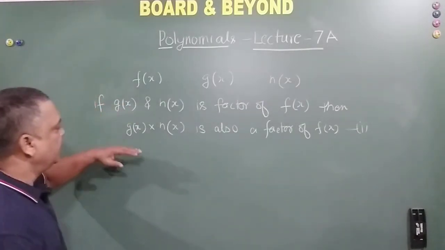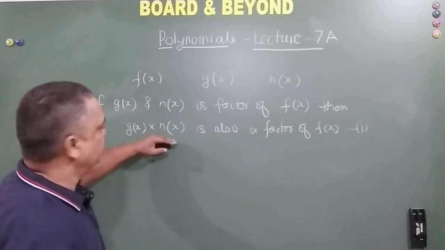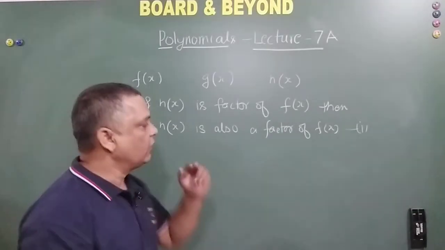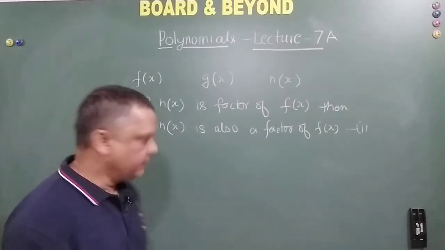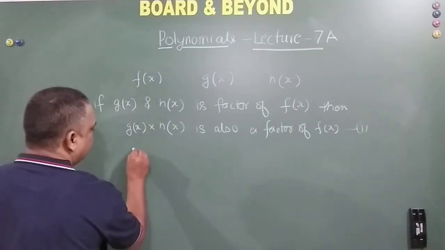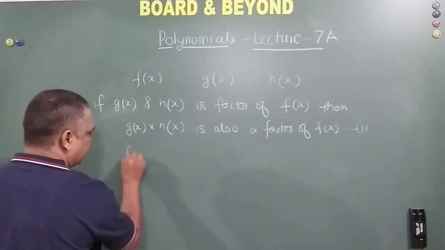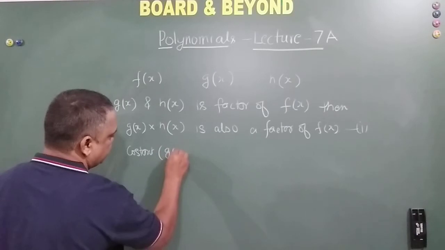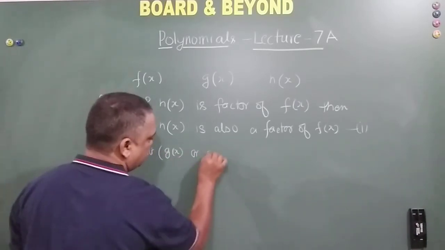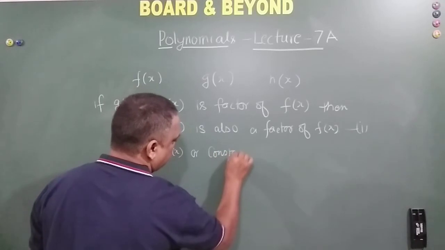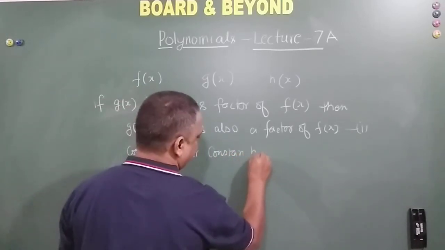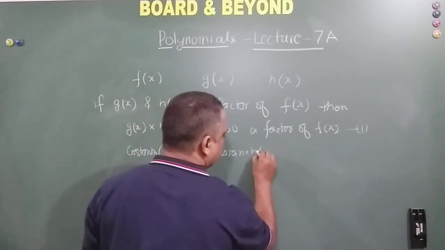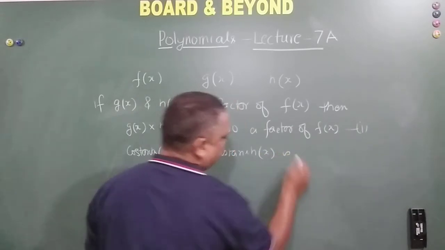What's happening here is, if g of x and h of x is a factor of polynomial f of x, then the product of the two factors will also be a factor of f of x, right? Now let us say g of x is a factor, so some constant into g of x or some constant into h of x is also a factor.